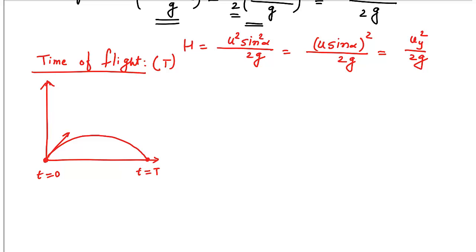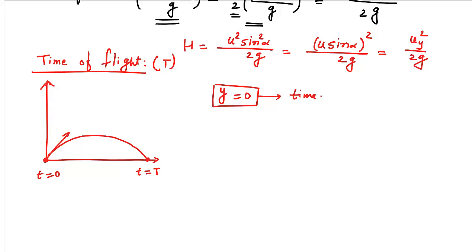So what we will do is write the expression for y, the displacement in the y direction, and once I write that expression, I can equate it to 0, from where I can get the time. So what is the idea? I will plug in y = 0, and from there I will get time. So let us try to do this.